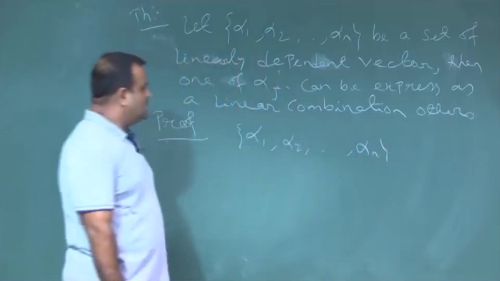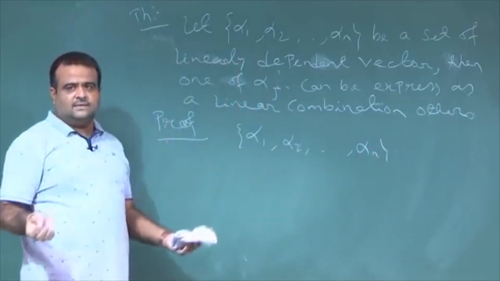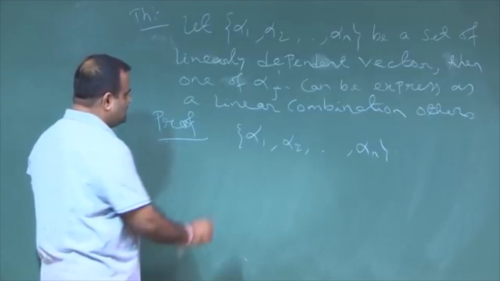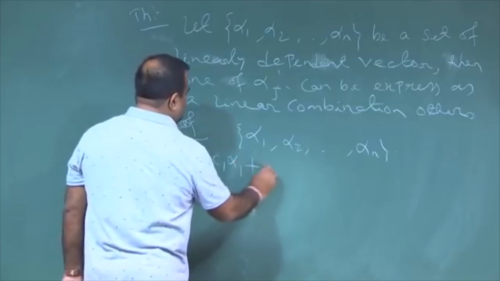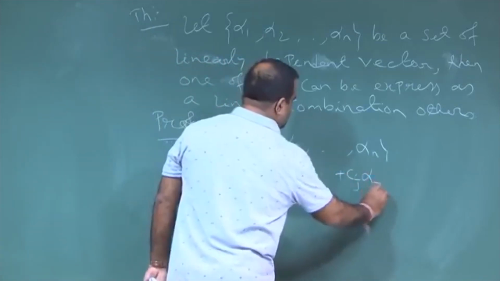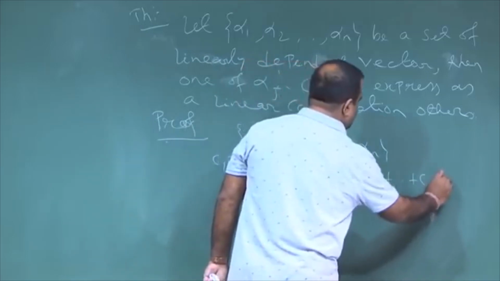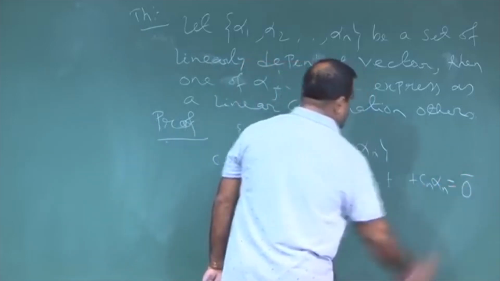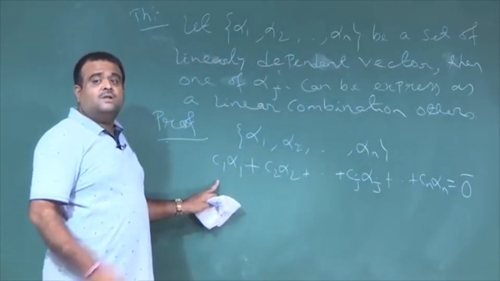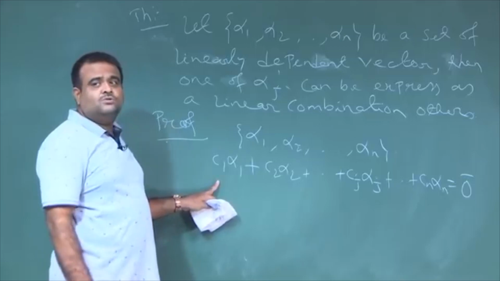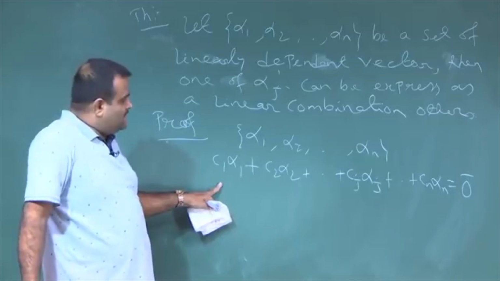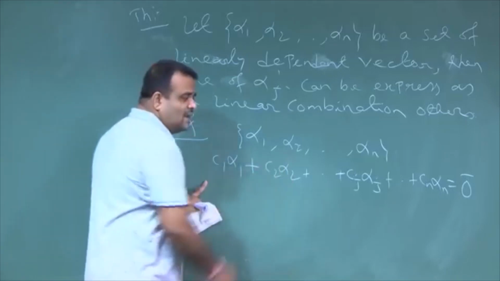So, that means we must have some non-zero Cis, not all Cis are 0, such that C1 alpha 1 plus C2 alpha 2 ... plus Cj alpha j ... plus Cn alpha n is a 0 vector, where not all Cis are 0. If all Cis are 0, then this will give us a linearly independent set of vectors, but we are taking this to be a linearly dependent set. So, here at least one of the Ci is not 0.